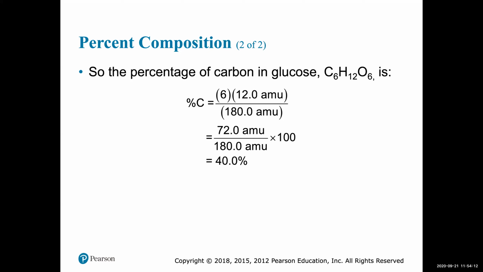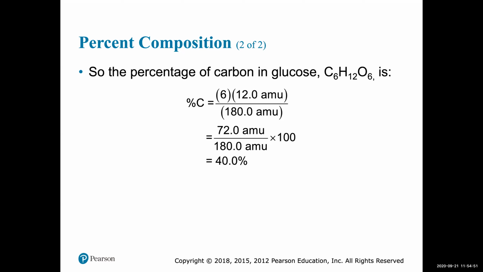To get that molecular weight, we would have 6 times the atomic weight of carbon, which is 12, plus the number of hydrogen atoms, 12, times the atomic weight of hydrogen, which is 1, plus the number of oxygen atoms, which is 6, times the atomic weight of oxygen, which is 16. Then we would add those 3 numbers up to give us the total, and the total is 180. That would be our denominator, that molecular weight for glucose.